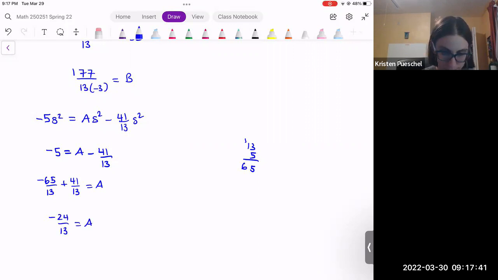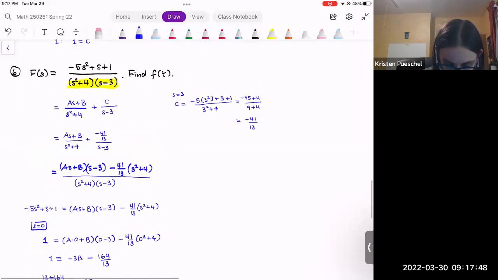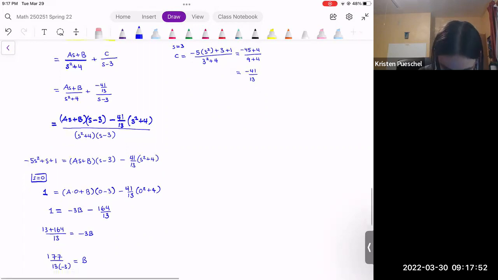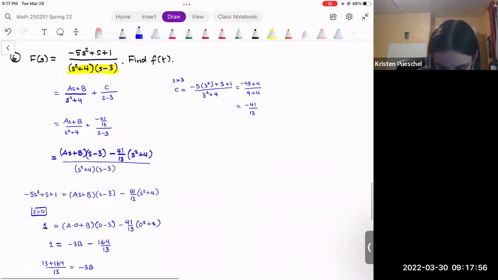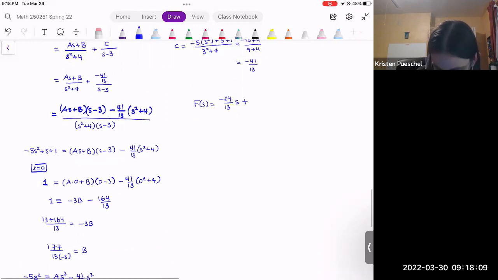Okay. All right. Let's put our pieces back together now that we have everything. So we found a here was -24/13. We found b to be equal to 177 over 13 times -3.